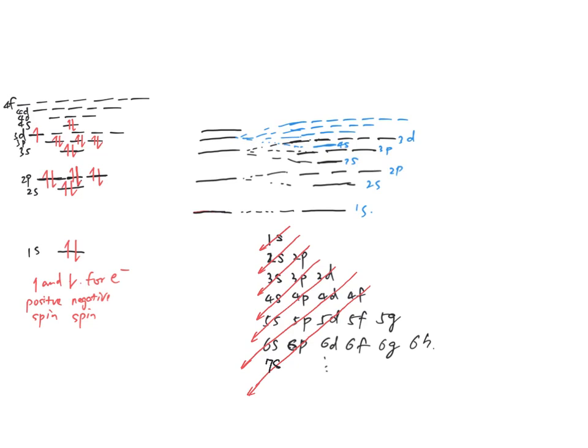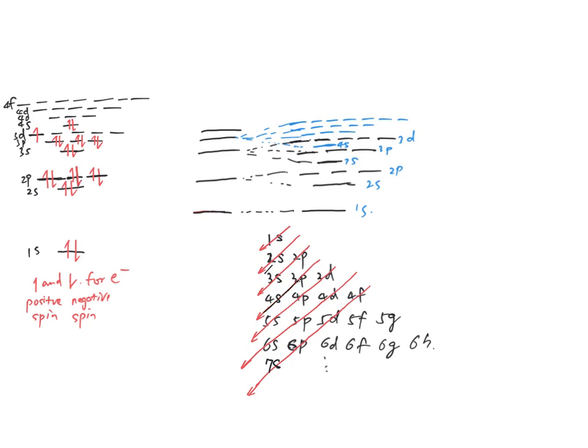Now, why are you drawing all this? This can easily tell you, based on the order you're crossing off those orbitals. The first one you cross off is 1s. Then after that is 2s, then 2p, and then 3s, 3p. Now, you see the trend here. After 3p, do you go to 3d or do you go to 4s?